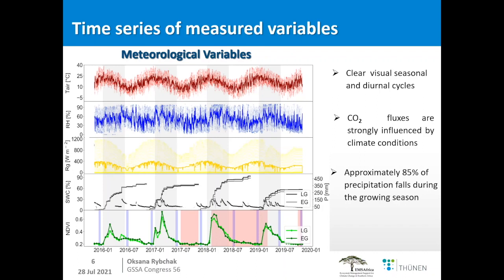Looking at the graphs, we can see clear seasonal and diurnal cycles of our variables. Approximately 85% of precipitation occurs during the growing season, with the driest months in the winter with 10 mm of precipitation per month, and November and December as transition months from the dry to the wet season.